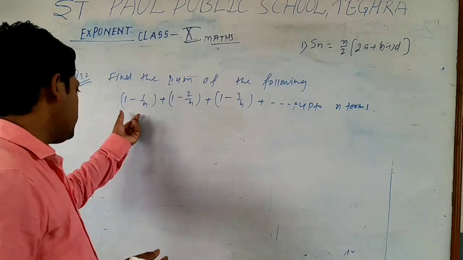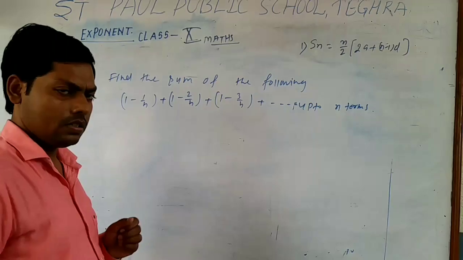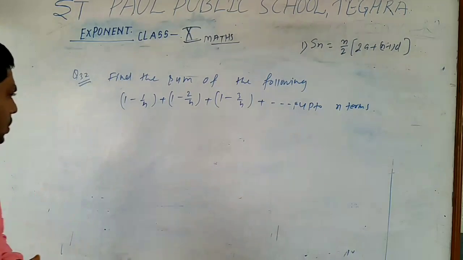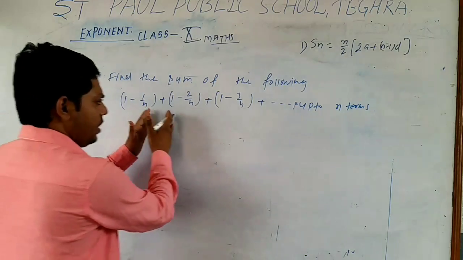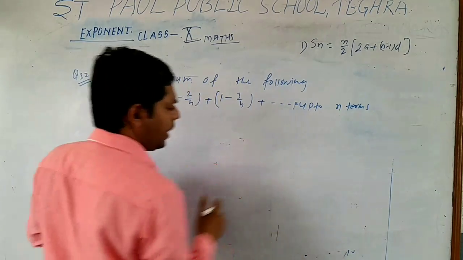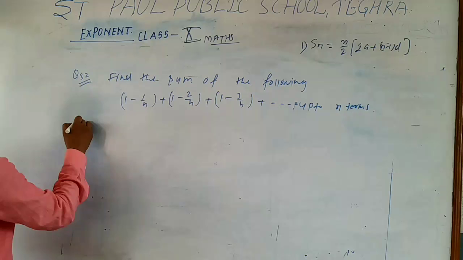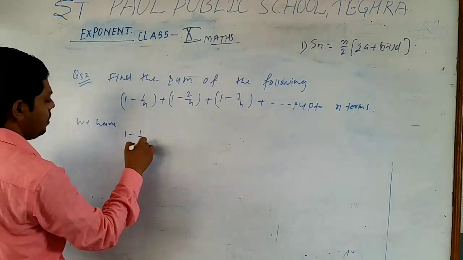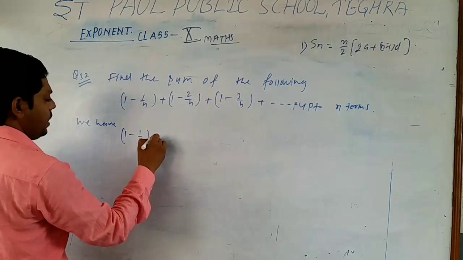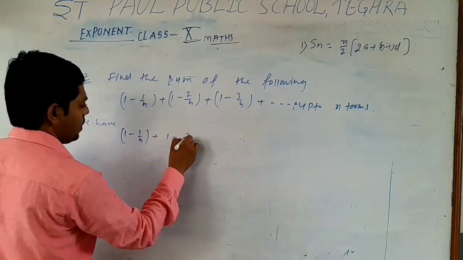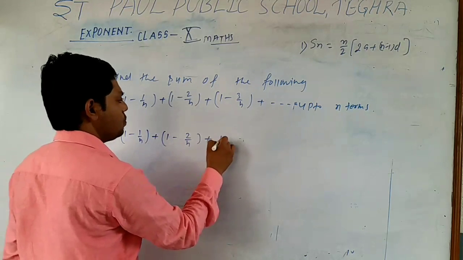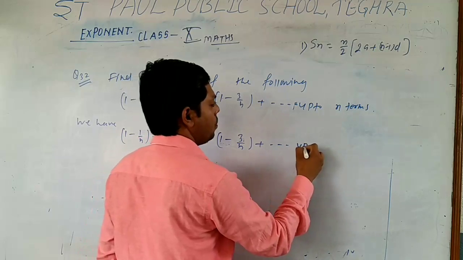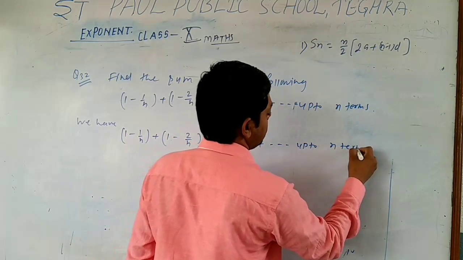Dear student, here we see that this is a series, because each term is connected by a plus sign. So this series can be separated into 2 series with n terms each. We have (1 minus 1 upon n) plus (1 minus 2 upon n) plus (1 minus 3 upon n) plus so on up to n terms.